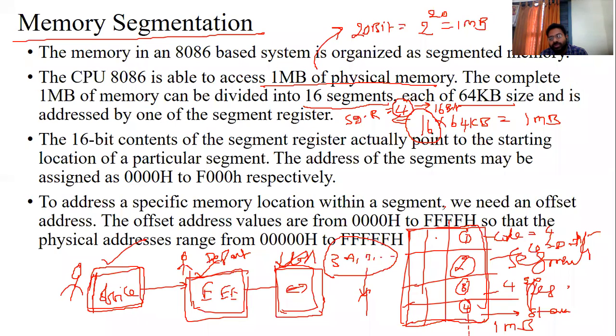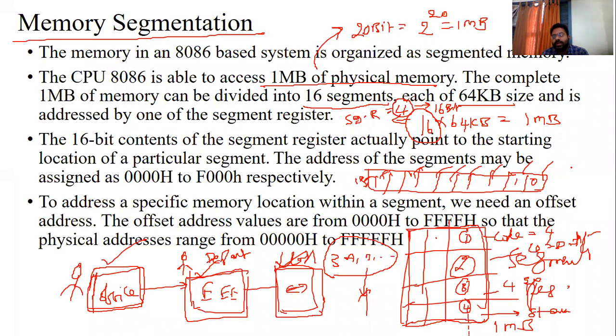Because it is 16-bit, it is able to identify 16 numbers. In a 16-bit register, each and every bit, numbered 0, 1, and so on up to 15, will identify one segment.